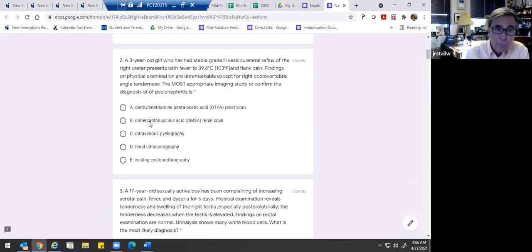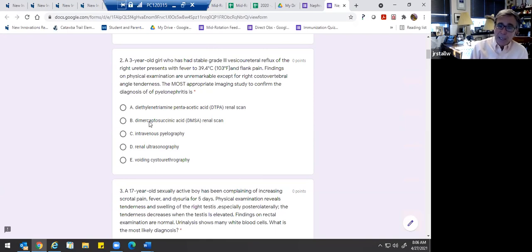Number 2, a lot of you missed this question, so let's look at that from a standpoint of database. A 3-year-old had stable grade 3 reflux of the right ureter, and now she presents with a temp and flank pain. Findings on physical exam are unremarkable except for right costovertebral angle tenderness. So I know you're reading this, well, she's got pyelonephritis. The most appropriate imaging to confirm.